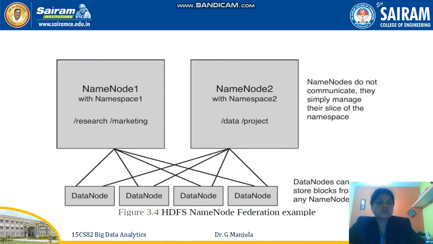During research or marketing, some data you have collected may not be required there, but the same data is also required for establishing a project. Now, during the data time, instead of accessing the data through namespace 1, we can directly access through the data node.